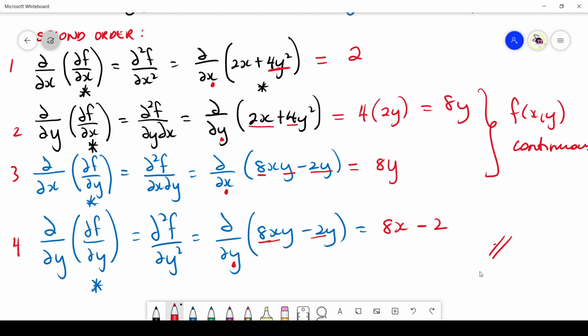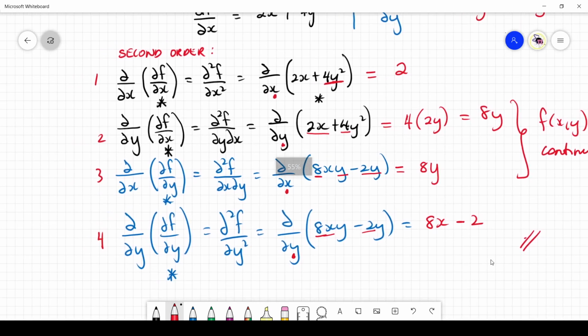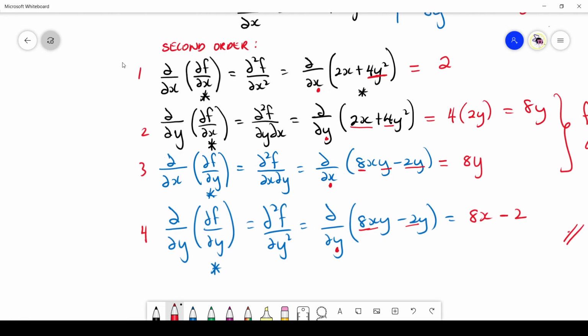Take note that the notation tends to look different. Sometimes, let me show you one more notation that is possible for these. If we're differentiating a function with respect to x twice, you can have f sub xx.